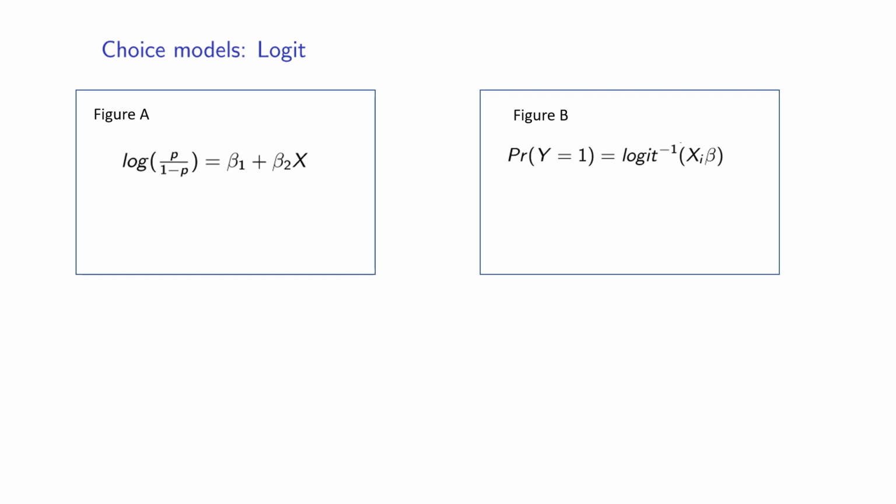Thus, we can choose to estimate the likelihood of a certain outcome. For example, the likelihood of voting for a certain candidate. You have already learned what the equation looks like when it's expressed in terms of the log of odds, as depicted in figure 8.